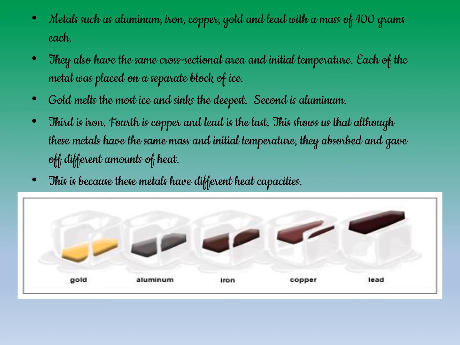Gold melts the most ice and sinks the deepest. Second is aluminum. Third is iron. Fourth is copper, and lead is the last. This shows us that although these metals have the same mass and initial temperature, they absorbed and gave off different amounts of heat. This is because these metals have different heat capacities.